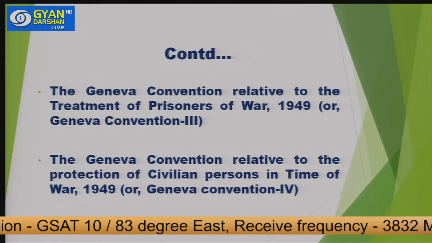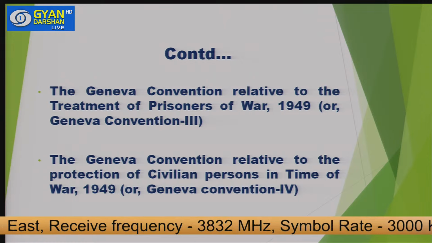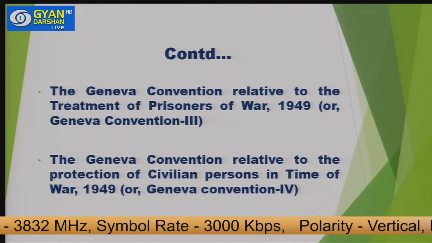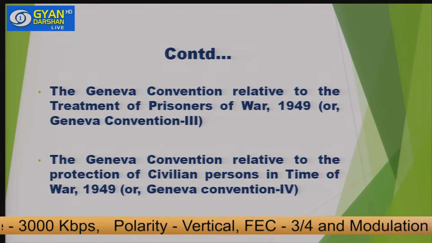So the kinds of weapons which can be used, the weapons should not be excessively harmful. And the effect of weapons should not be beyond the area where the conflict is taking place. Weapons of mass destruction should not be used.